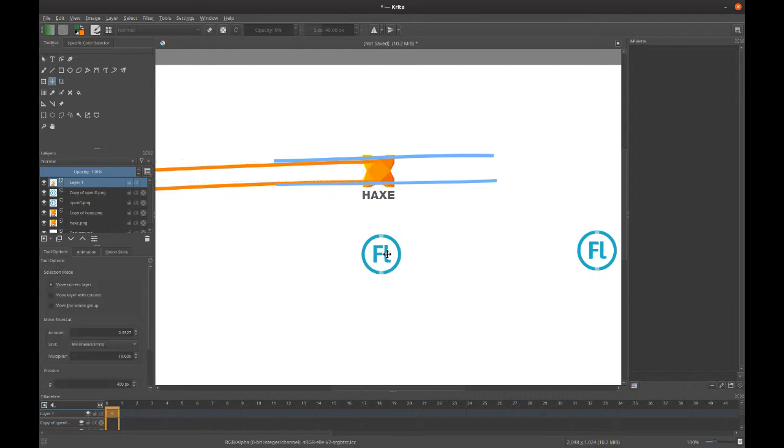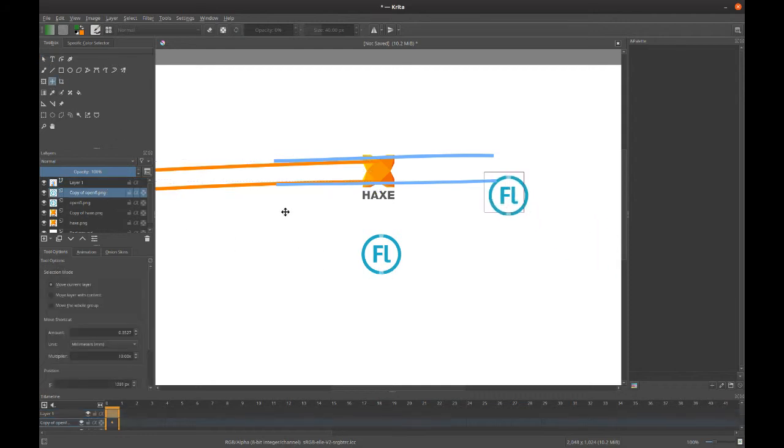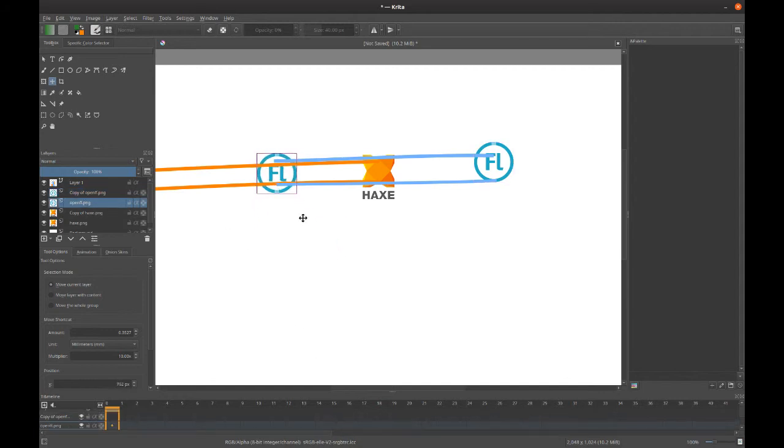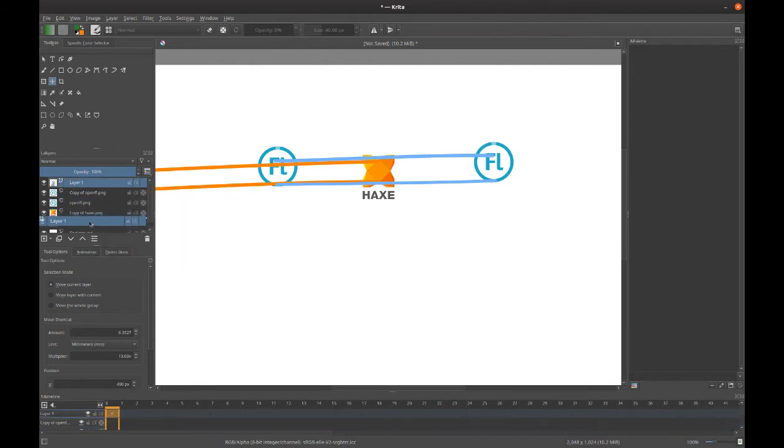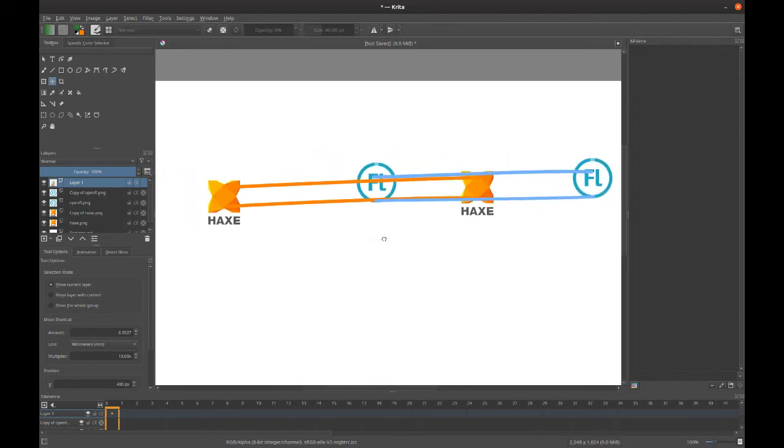Even though the particle system doesn't use blue and orange. So each of these lines represents a single particle, and there are just lots and lots of particles. So there are a lot more lines than this in theory.